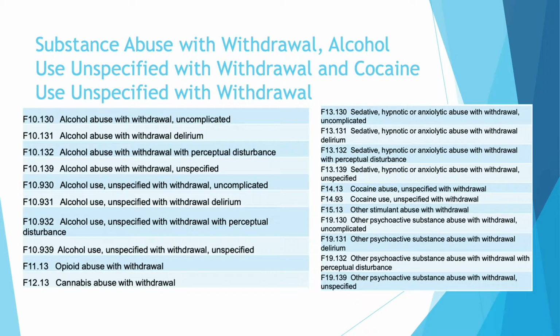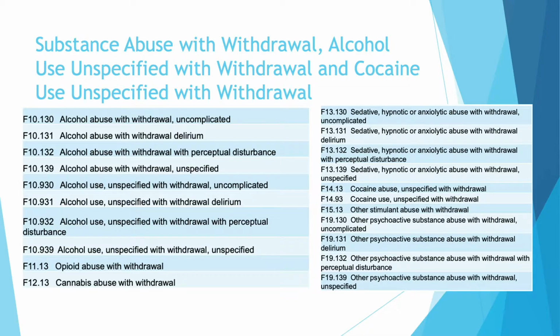And here are the 21 codes that were added in the F10 through the F19 categories dealing with withdrawal. You can freeze frame this episode if you like when it's available on demand, just right after our live production here.